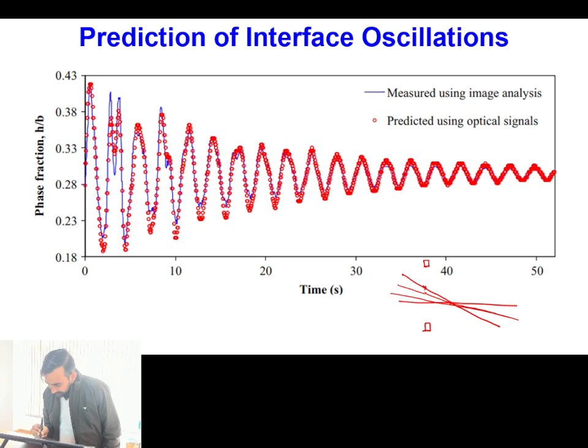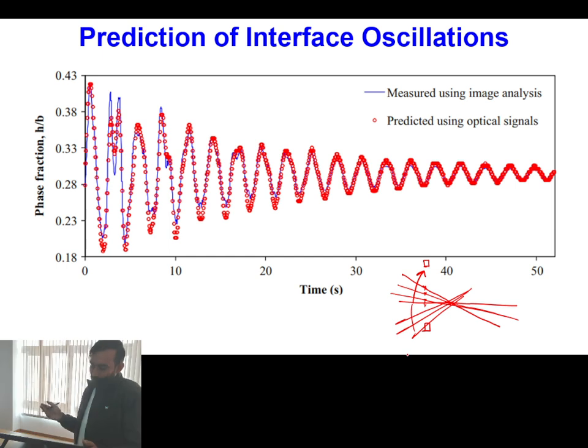So at each and every time, the value of the height signal will be different. Whenever the interface is moving in the positive direction from the mean position, the value of the height signal will increase. Once the interface is going in the downward direction, the value of this height will decrease. Here you can see this is the phase fraction and this is time.